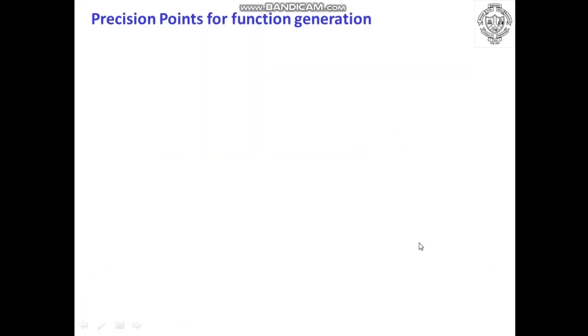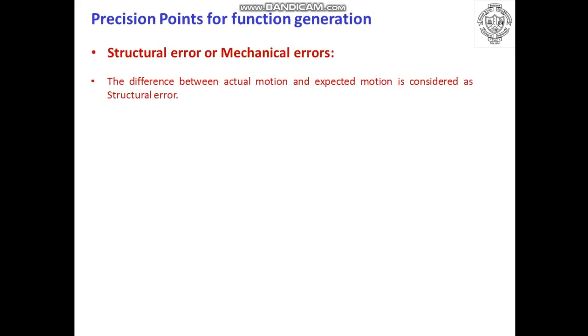The reason is the mechanism which is being fabricated is prone to some kind of error, which are considered to be structural errors and mechanical errors. If we consider the difference between actual motion and expected motion, then the error is called structural error.